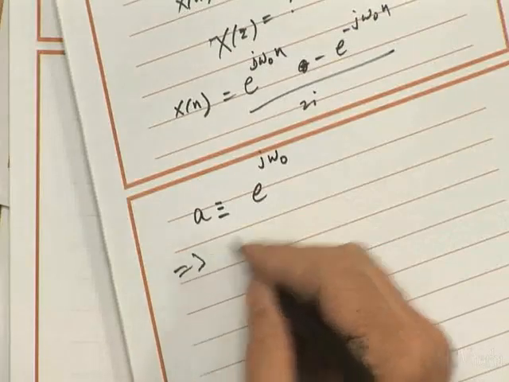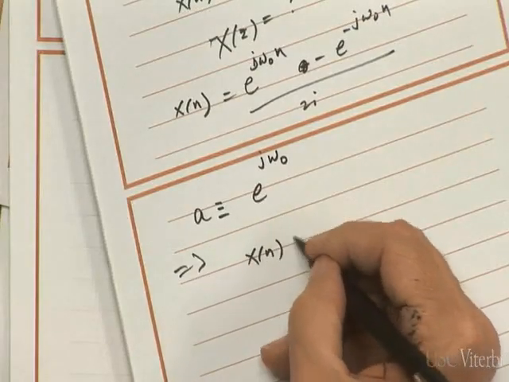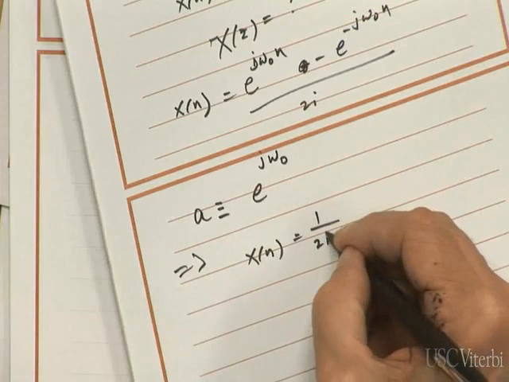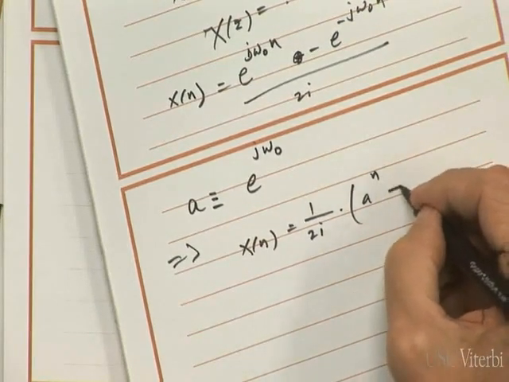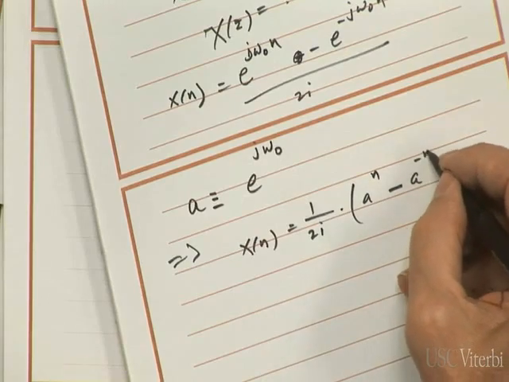So that implies that x of n is equal to 1 over 2j, just a constant, times a to the n minus a to the minus n. All right?